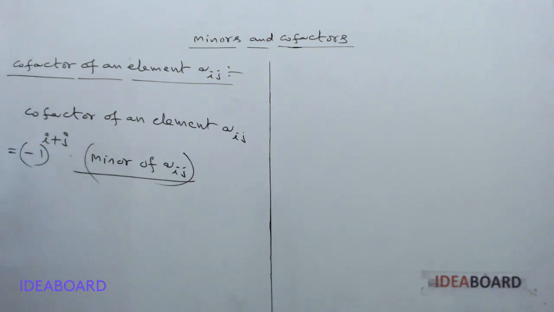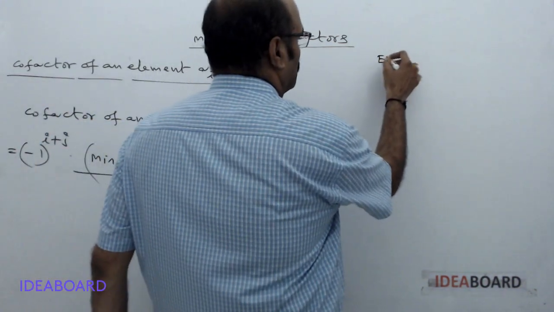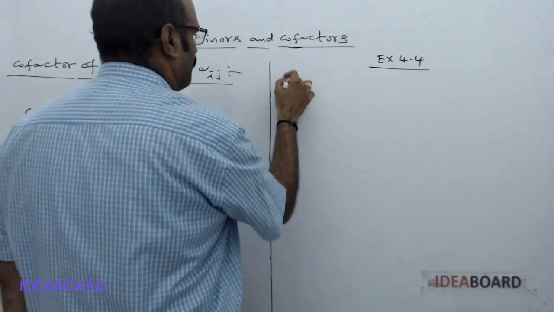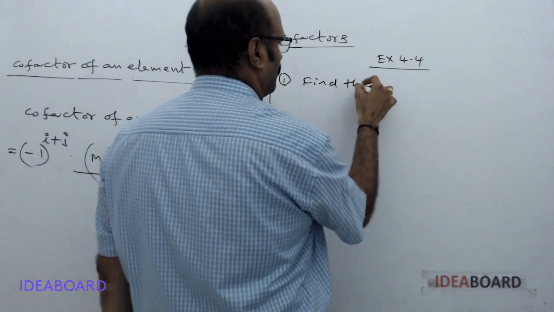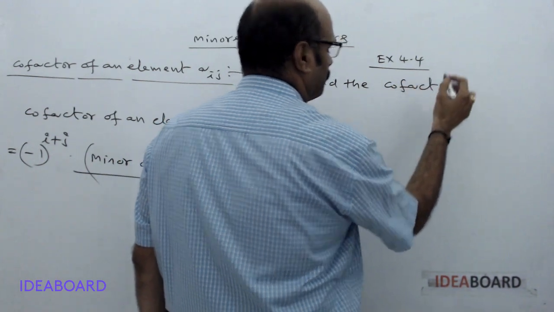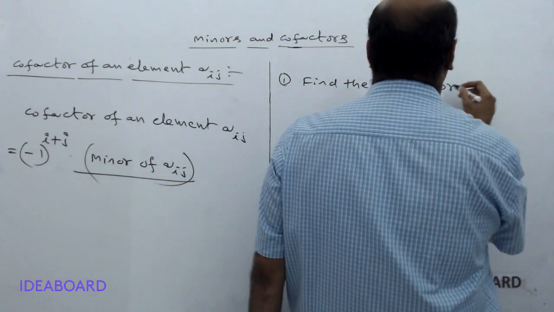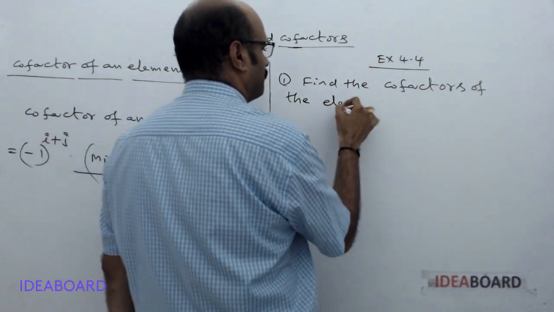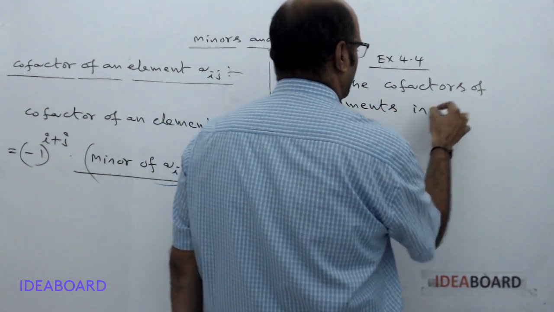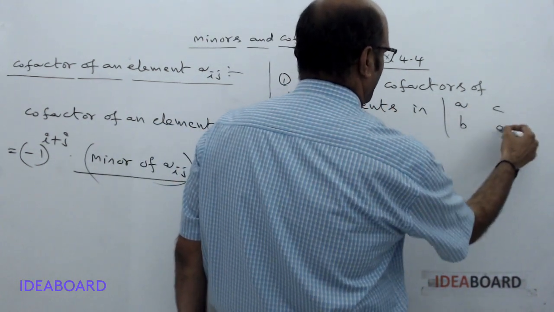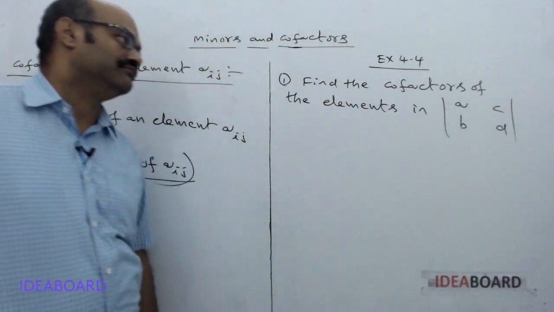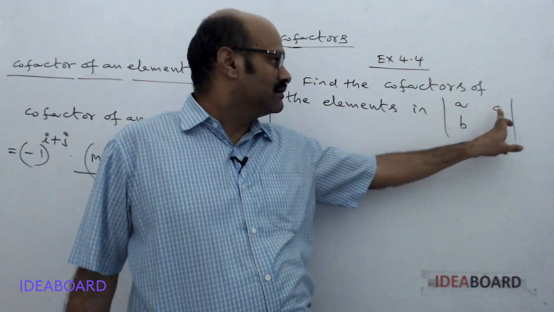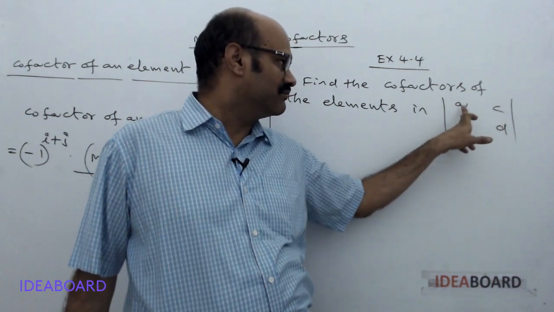Now find the cofactors of the elements in the determinant A, B, C, D. Now we know that this element is called A11, since it lies in first row and first column.